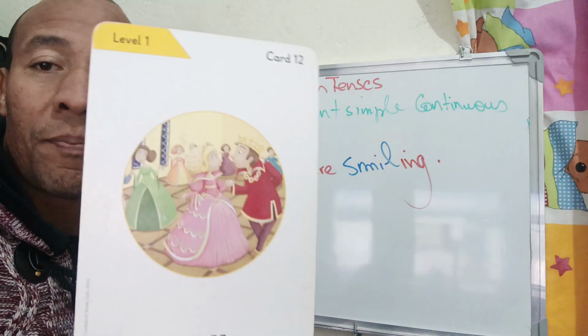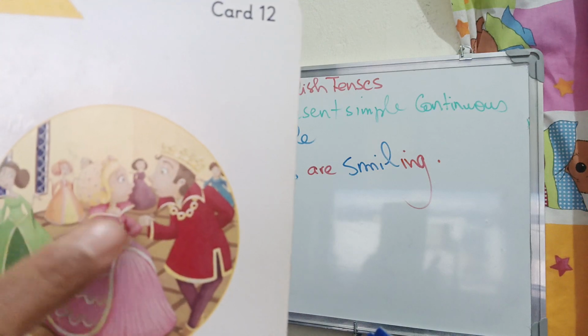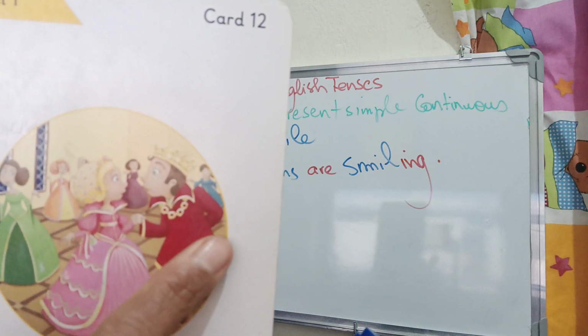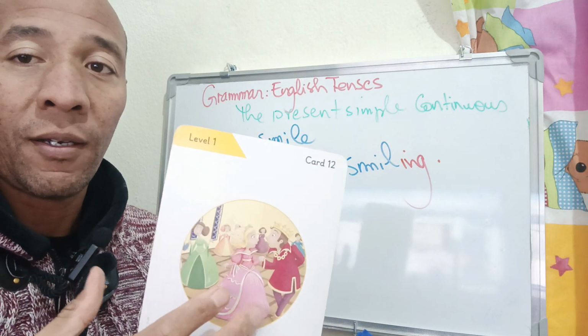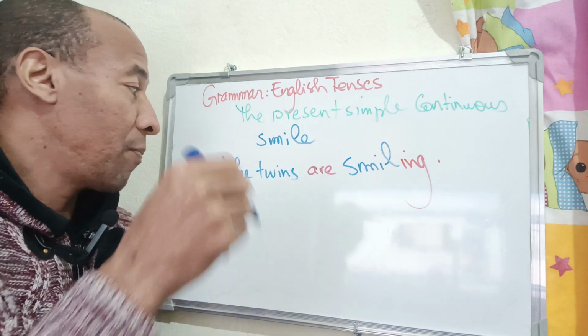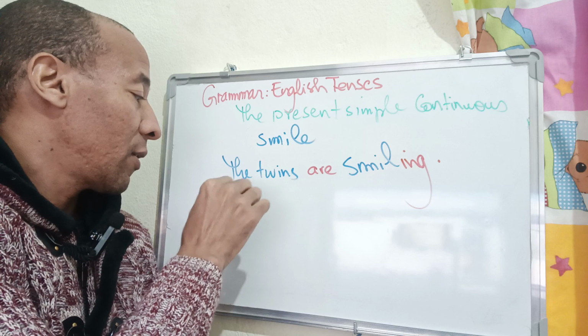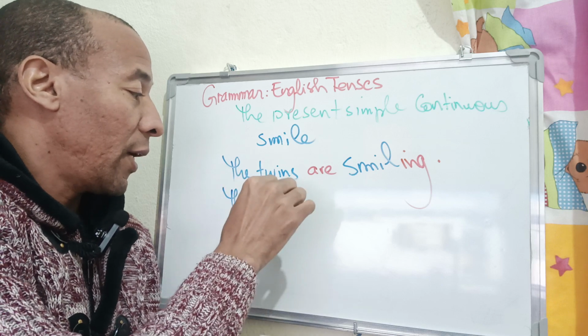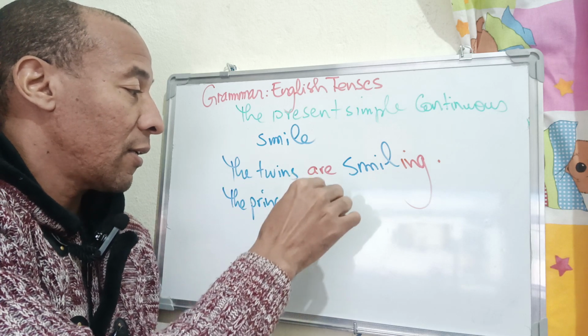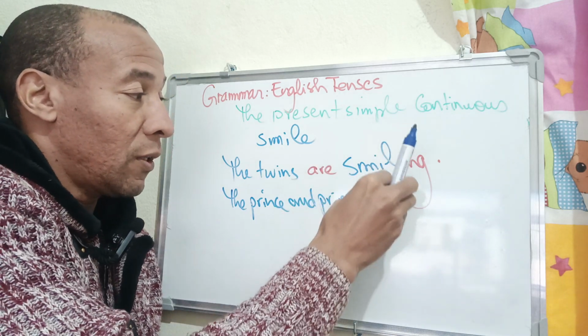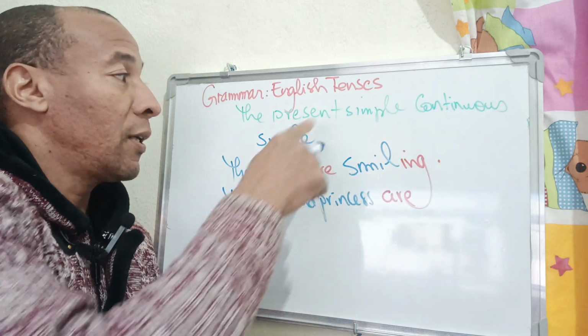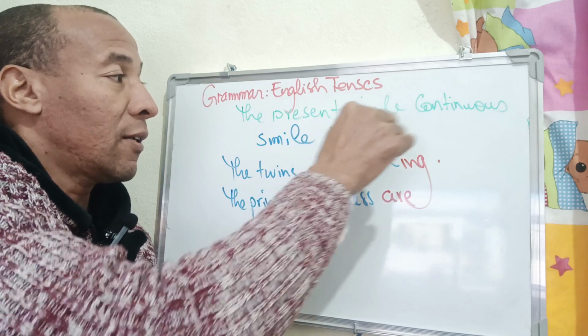What are the prince and the princess doing? Okay, we can say the prince and princess, very good, are, so we're gonna use the verb dance.